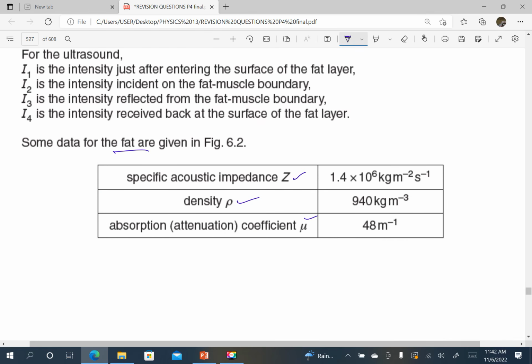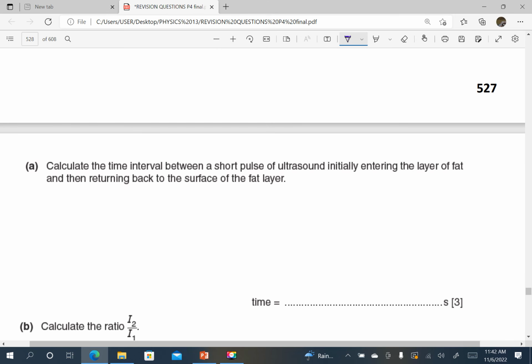Okay. Part A, calculate the time interval between a short pulse of ultrasound initially entering the layer of fat and then returning. So if it is returning, it is traveling the distance twice. So the time is going to be equal to, no, the distance over the speed.